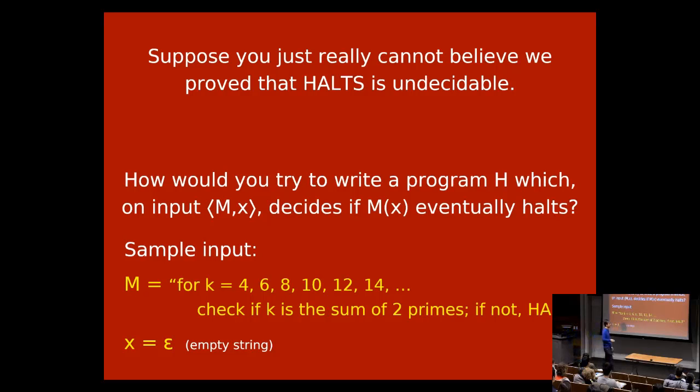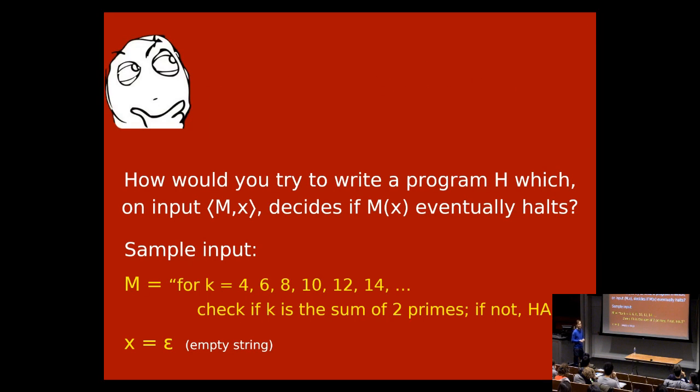If every even number is the sum of two primes, then this program will never halt. But if there's some even number which is not the sum of two primes, then this thing will halt. So your code has to somehow be able to figure that out. And actually, currently, nobody in the world knows if this program halts or not. So it looks like a tricky task, actually, if you think about it from this perspective.